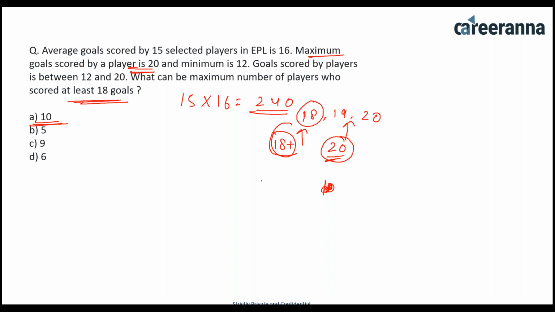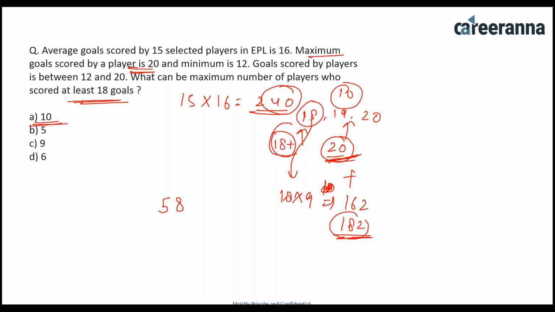So if I take 10, then one person scored 20 goals, 9 will score 18. What is the value here? 162 plus 20, it is 182. Now the remaining part is 58, because out of 240, if 182 are scored by 10 people, then I am left with 58.